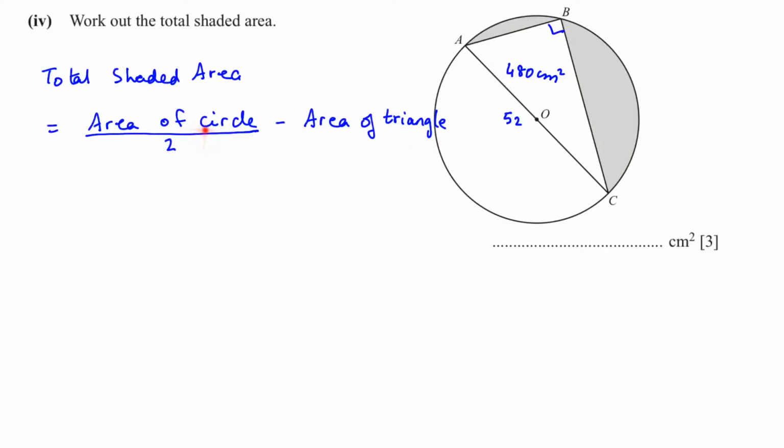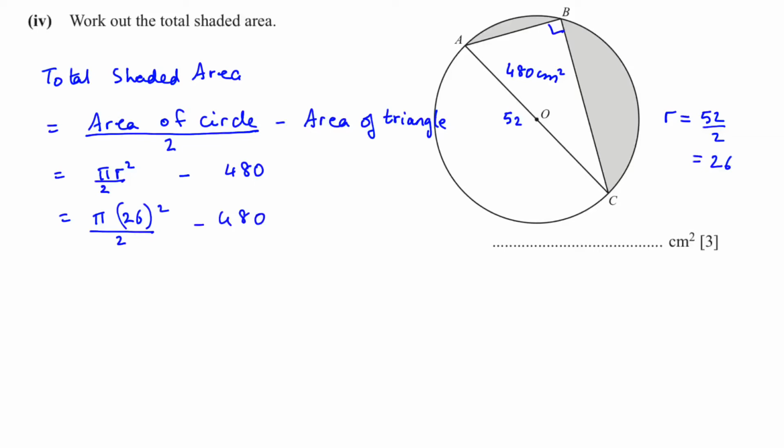So area of circle formula is pi r square divided by 2 minus 480. We need to find the r. The diameter is given to us. Radius is equal to diameter divided by 2, which is 26. Now in this equation, we are going to replace the r, minus 480, and you will get 581 square centimeter.